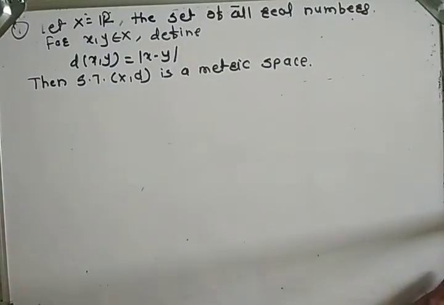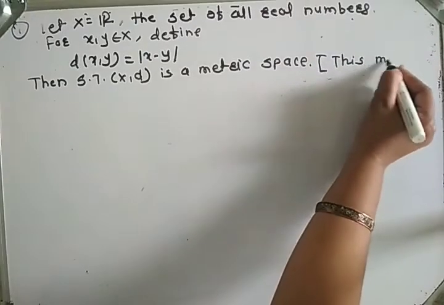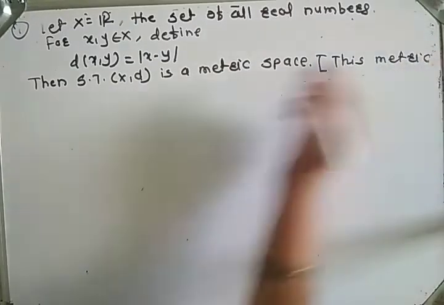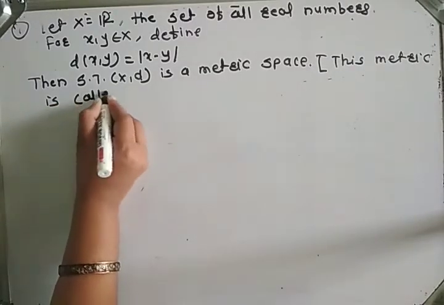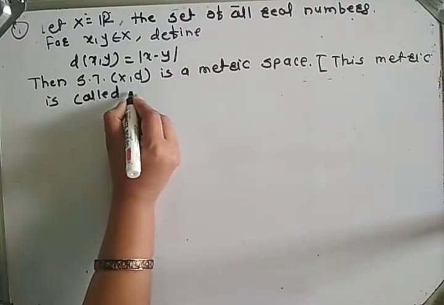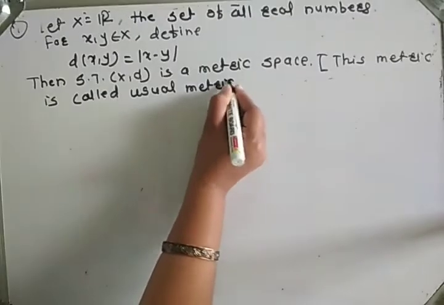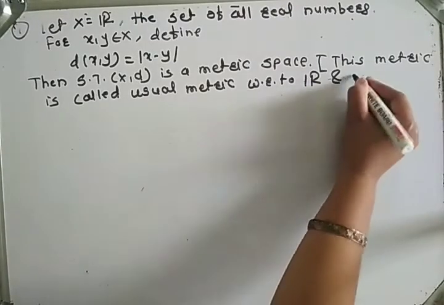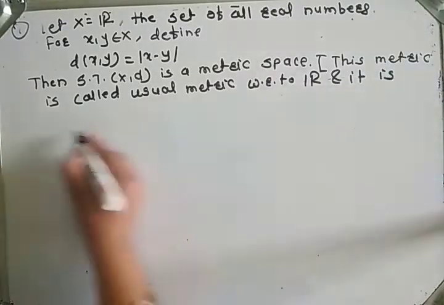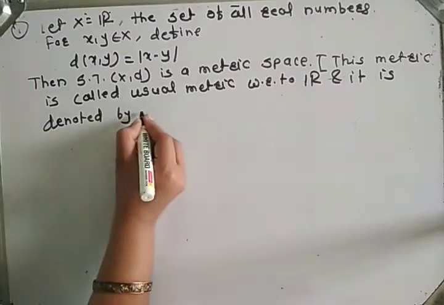(X, d) is a metric space. In bracket, this metric is called usual metric with respect to R, and it is denoted by RU.